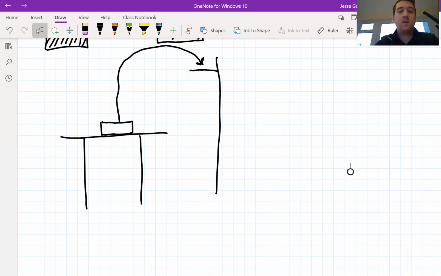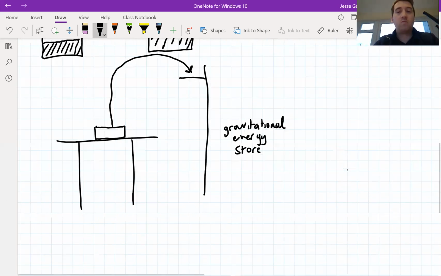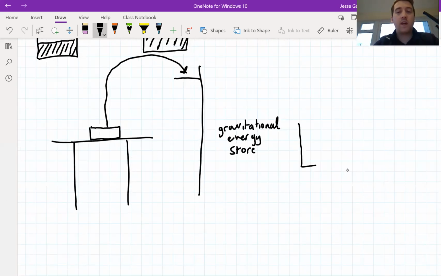In this case, we talk about something called the gravitational energy store. Gravitational energy store. And when the book is on the table, again, I'll draw the box to show gravitational energy store, there is some energy in here.